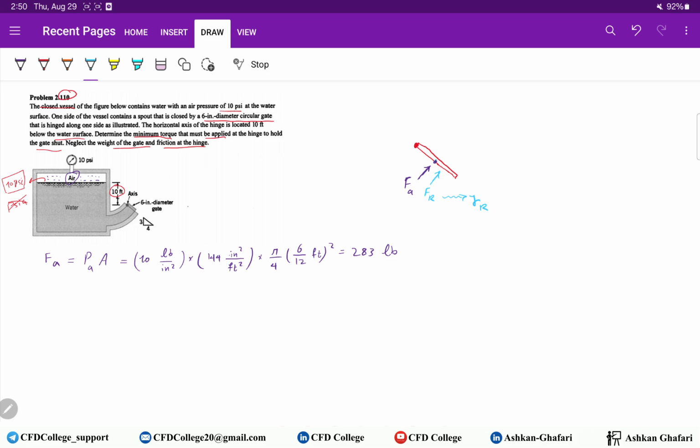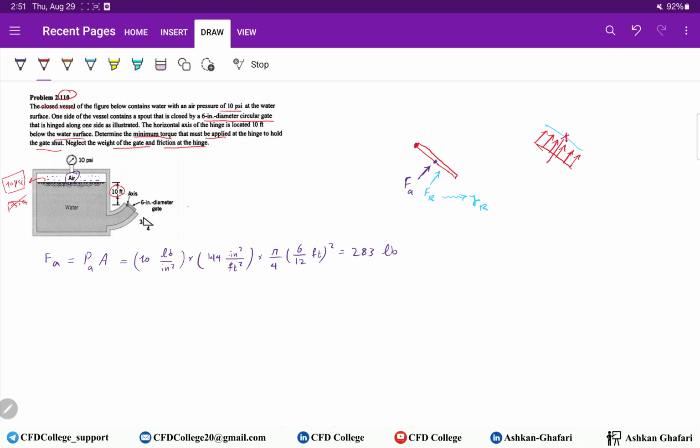But this force, Fa, which is due to air, acts on the centroid of the gate because it doesn't have any distribution. It's the same. It's constant. Actually, this is pressure of air, and as you can see, it's uniform. So it acts on the centroid.